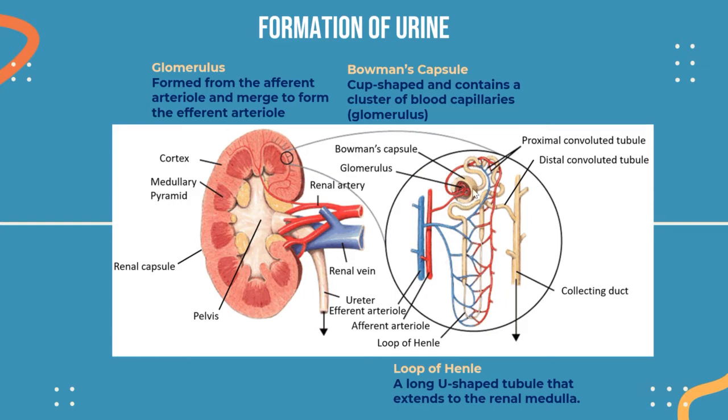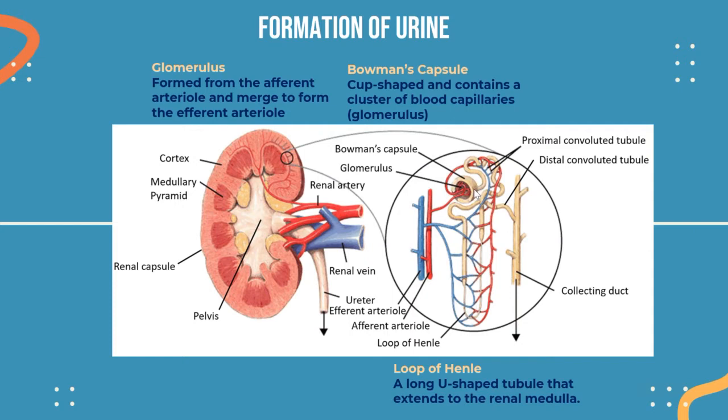The Bowman capsule is cup-shaped and contains a cluster of blood capillaries. So inside the Bowman capsule is the glomerulus.